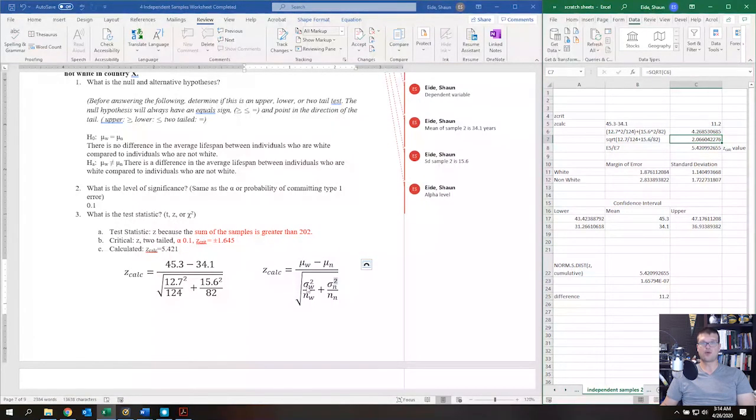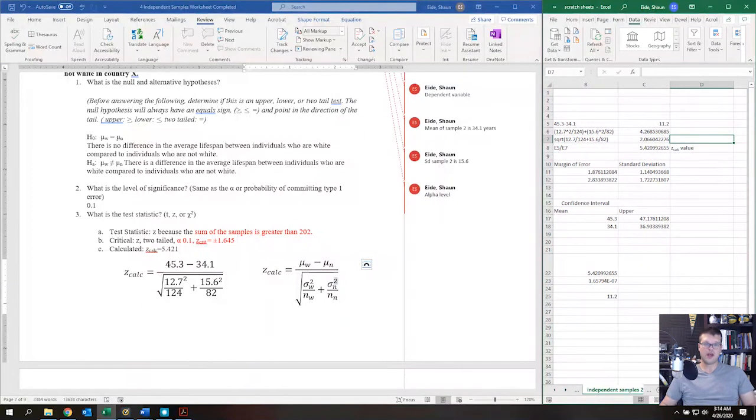So I take the square root of the equation that I just put in there, and that gives me 2.066. This right here is otherwise known as the pooled standard deviation. Okay, the pooled standard deviation, and if I square it right here, this right here is the pooled variance.